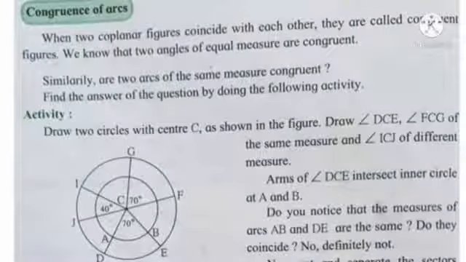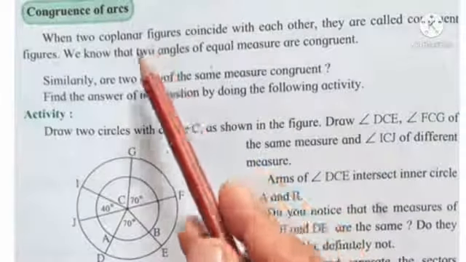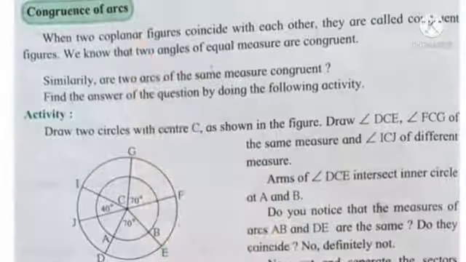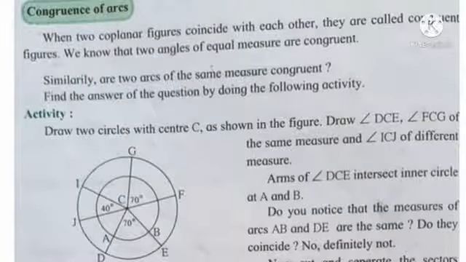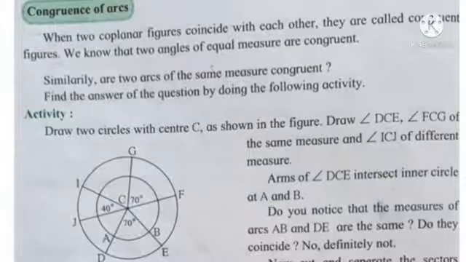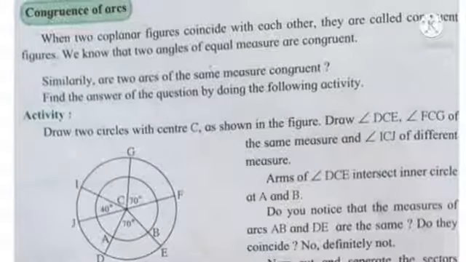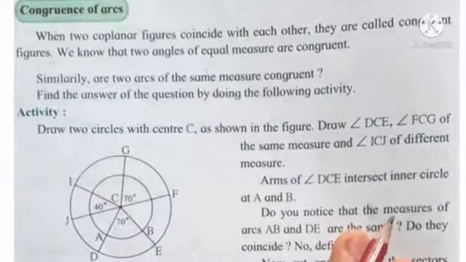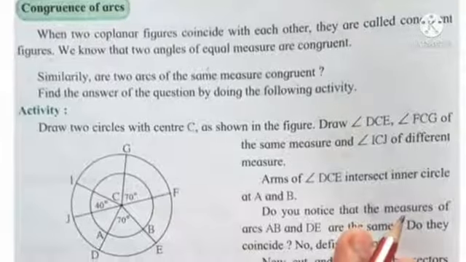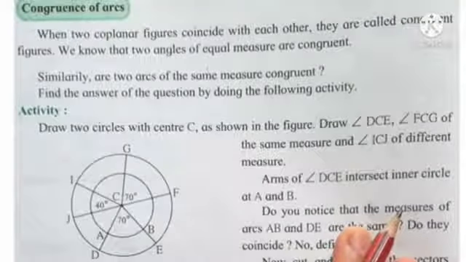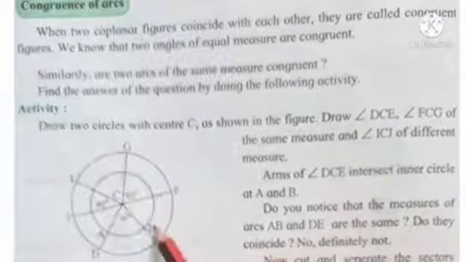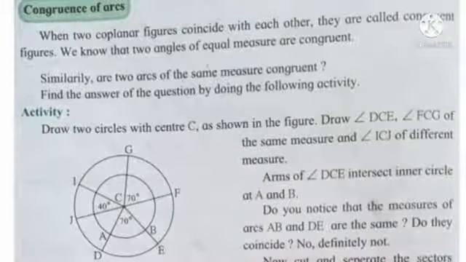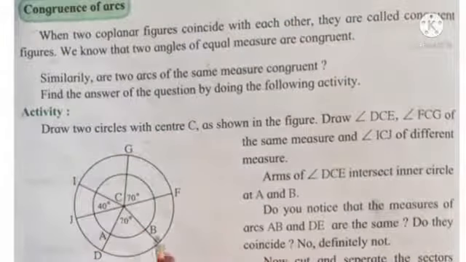Next point is congruence of arcs. Two arcs are said to be congruent if they are coplanar and they coincide with each other, then they are called congruent figures. Two angles of equal measure are congruent. So when we say that two arcs are congruent, see in this figure, which arcs are congruent?